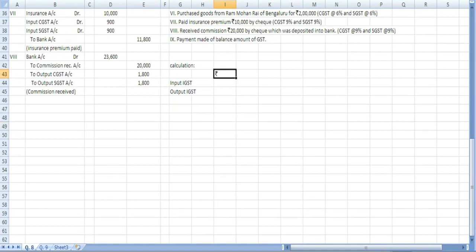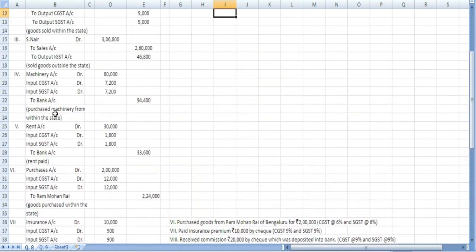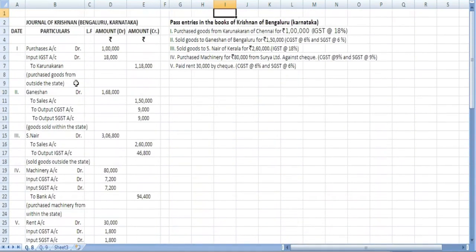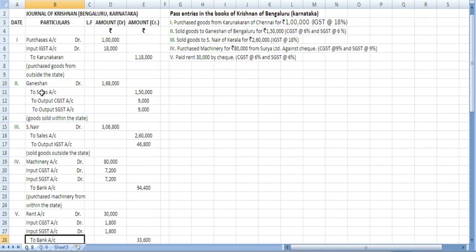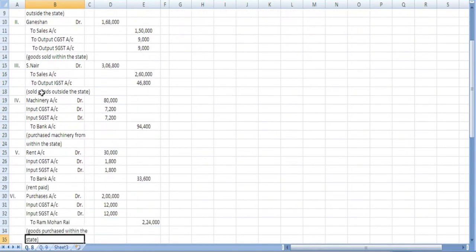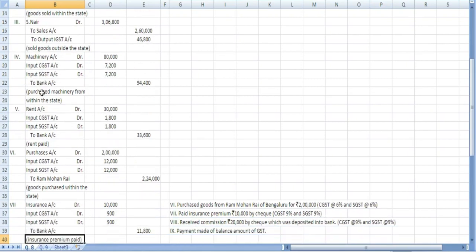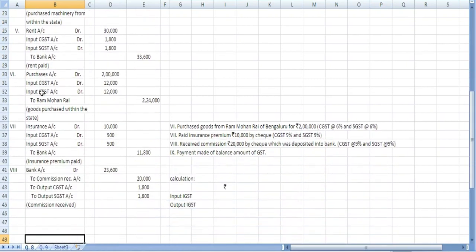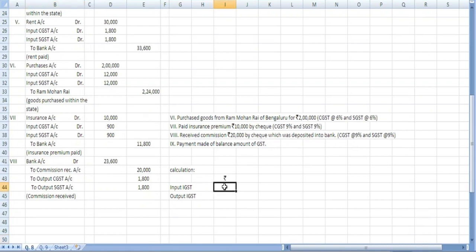So let us check our input IGST. Okay, so input IGST is 18,000, and is there any more input IGST? Let us check. No, we don't have any more input IGST, so we will write here 18,000.